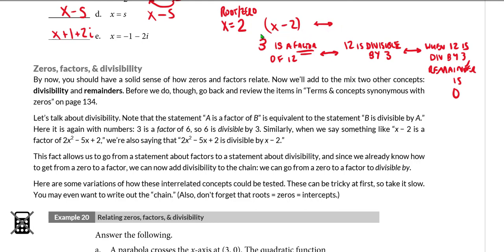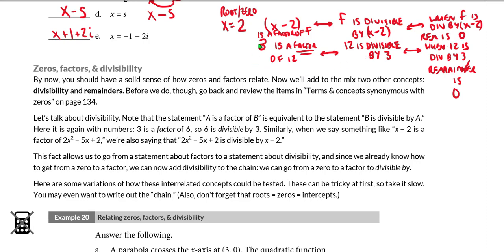So x minus 2 is a factor of f. That also means that the polynomial f is divisible by x minus 2. Again, just equivalent statements. And we would also know that when f is divided by x minus 2, by that factor, the remainder is 0.